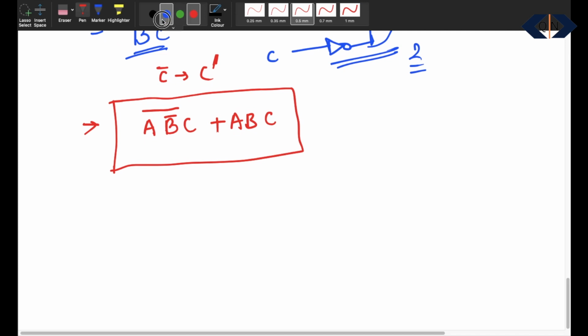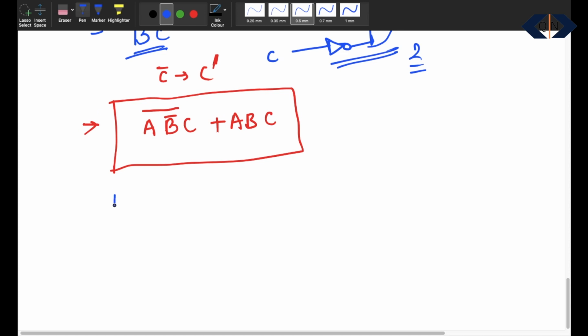Now this is not the only method of simplifying a Boolean expression. There are various other methods which can be utilized to simplify Boolean expressions.